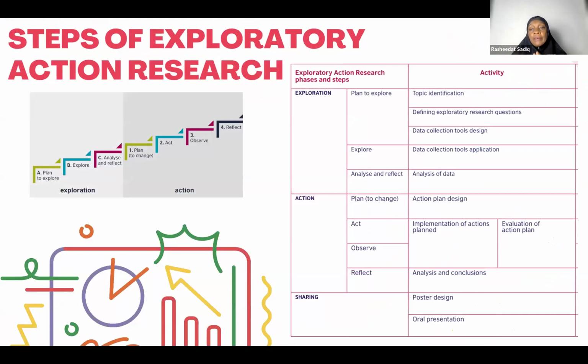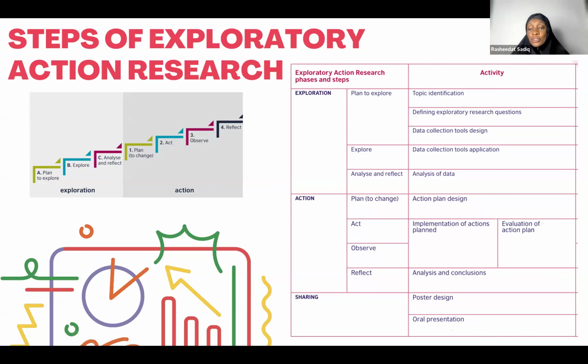All right, so here are the steps of exploratory action research. I hope it doesn't look too technical, but basically there are two main steps. We have the exploration phase, and then we have the action phase. So like I said, you plan to explore, you analyze the results of your exploration, and then you create a plan for an action. That's the plan to change. Then you do the action in your class, you observe the results of the action, you reflect on it, and if necessary, you make another plan.